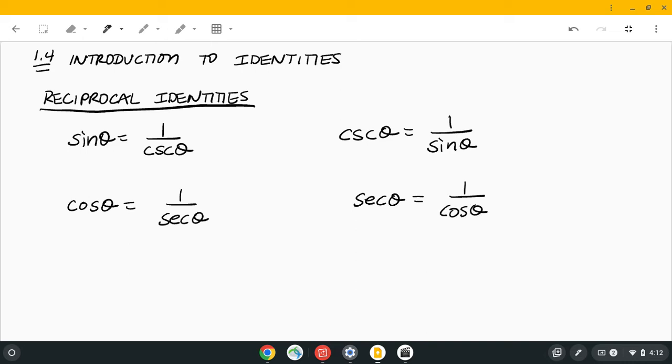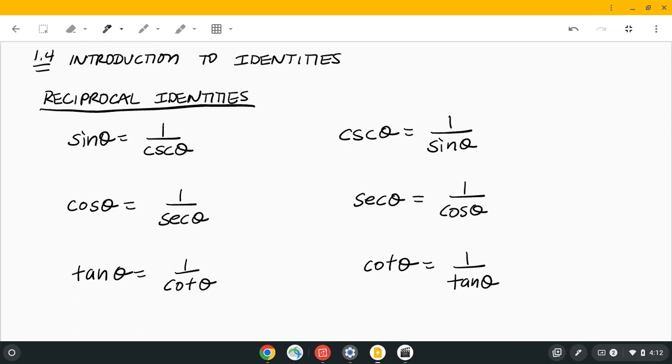So they're reciprocals of each other. Same thing with tangent theta: tangent is the reciprocal of cotangent, and cotangent is the reciprocal of tangent.